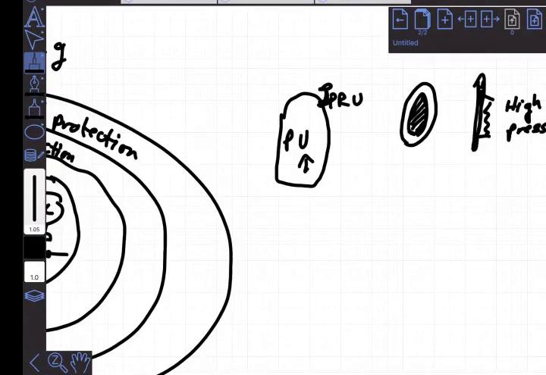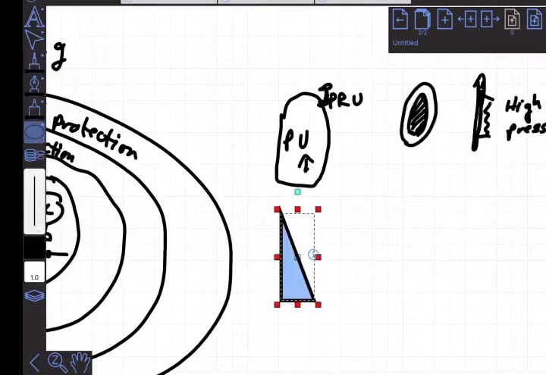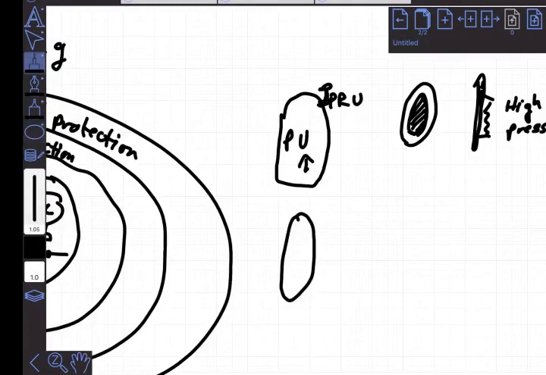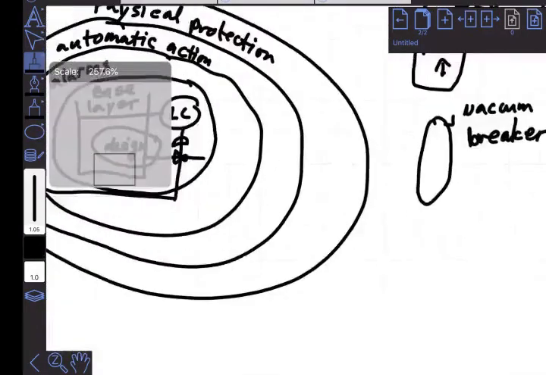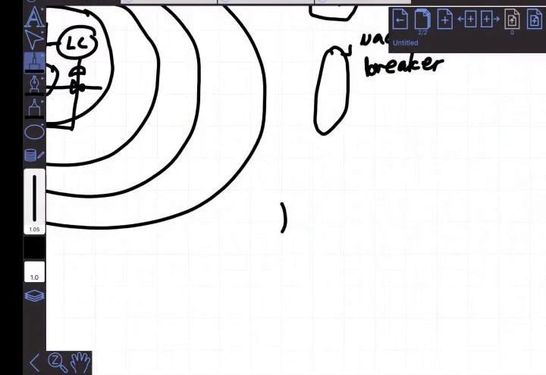Now, in the opposite direction of that, we also have things like vacuum breakers. And so you may be aware, these are also mounted on vessels. I think the nicest version of this is, you can also Google this.